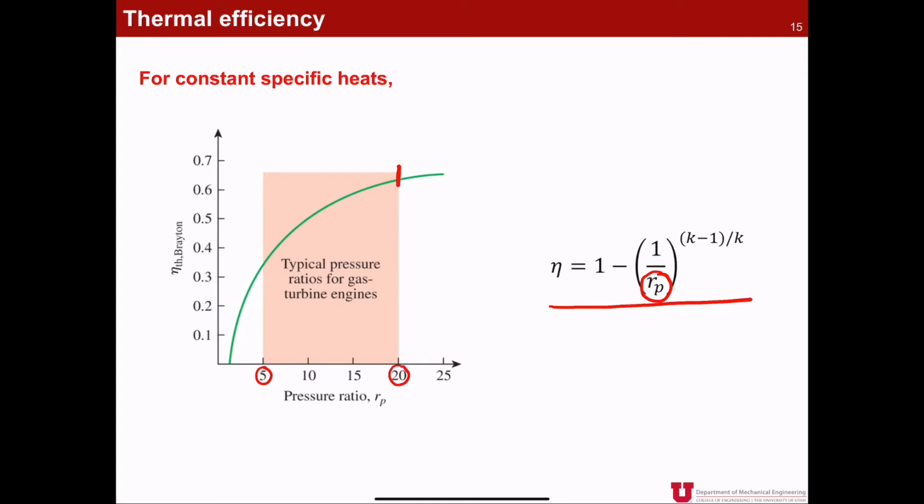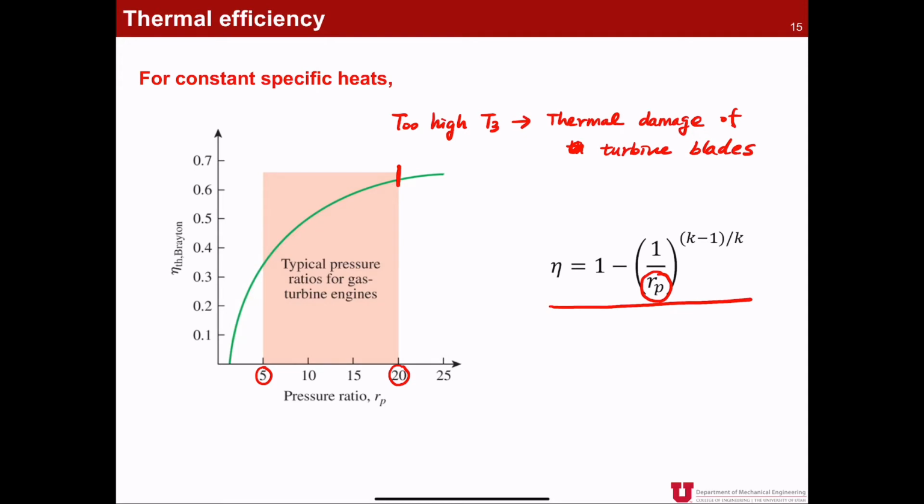So the too high temperature at the inlet of a turbine, in the case T3, can cause the thermal damage of turbine blades, and that is not good for the operation. So that is why we have certain higher limit of pressure ratio.